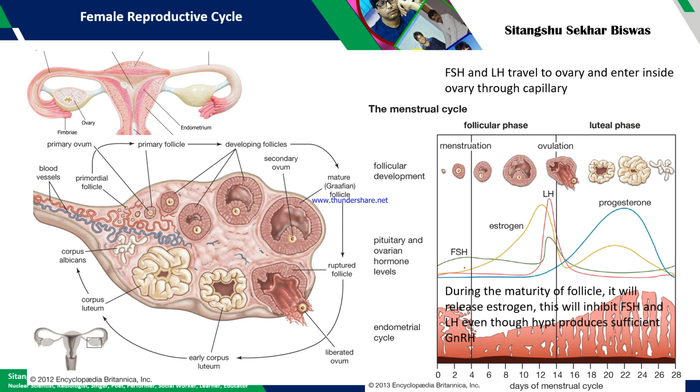now you see that yellow color, it is once the follicular phase started, at the beginning of the cycle.